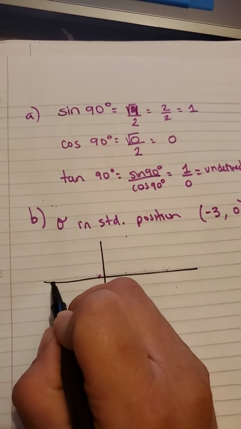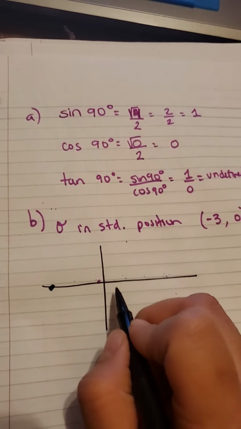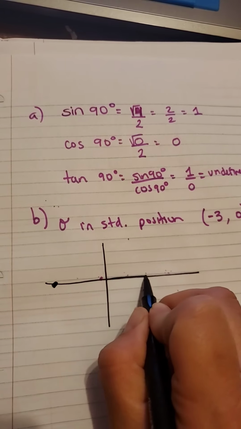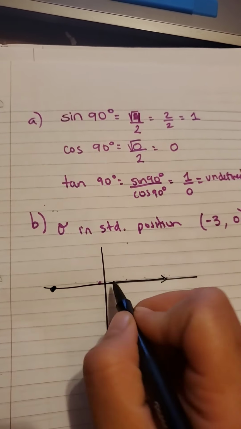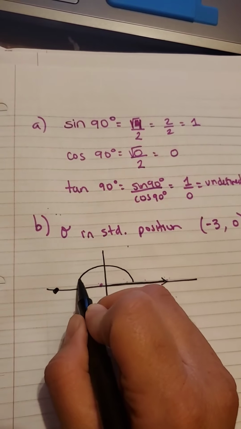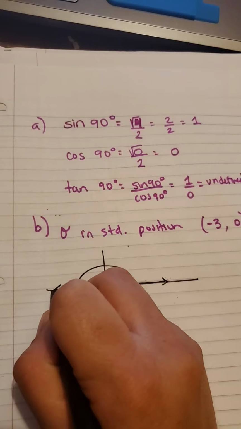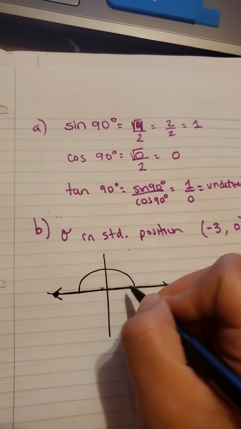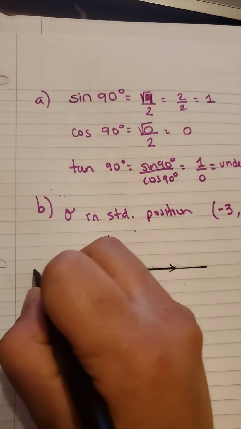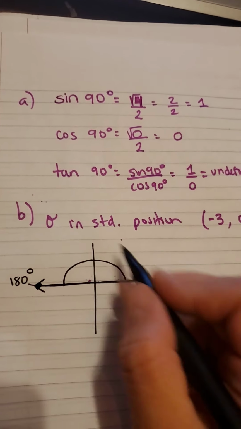is right here. So the angle in standard position starts at the positive x-axis, starts right here, goes all the way to the point -3, 0, right? So it ends right here. So it's a 180 degree turn, or a semi-turn, right?